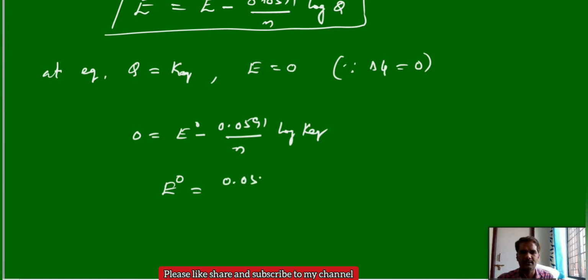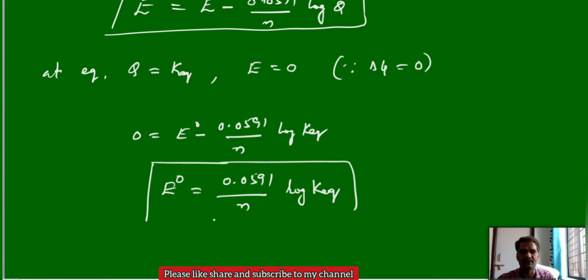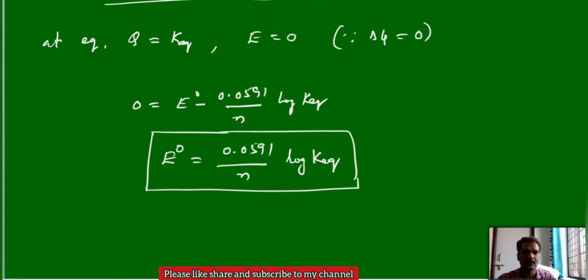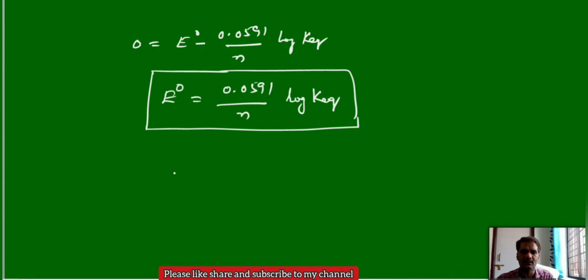That is, E naught equals 0.0591 by n log K equilibrium. This is also one of the important formulas.